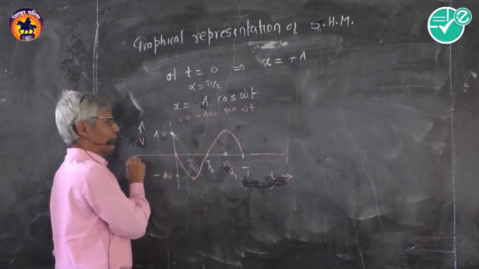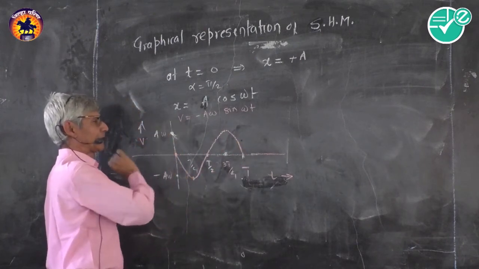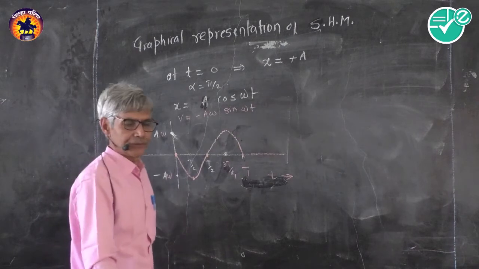This is the variation of the velocity with respect to time when the particle starts from the positive extreme.